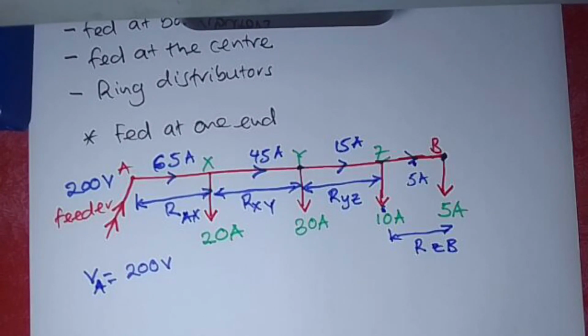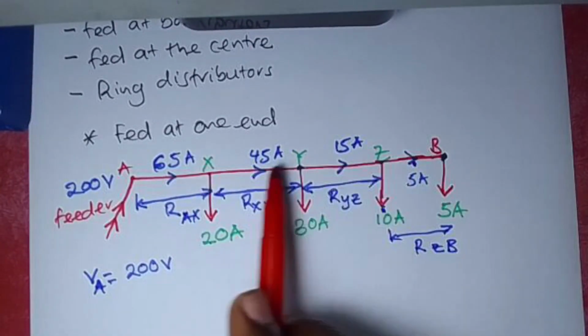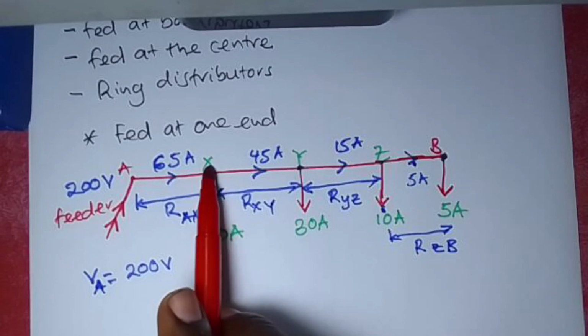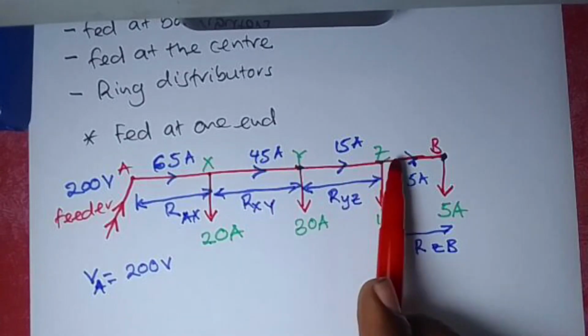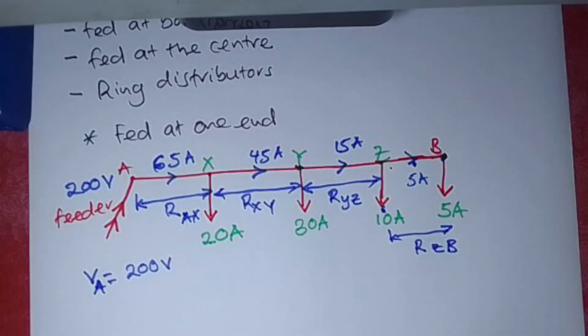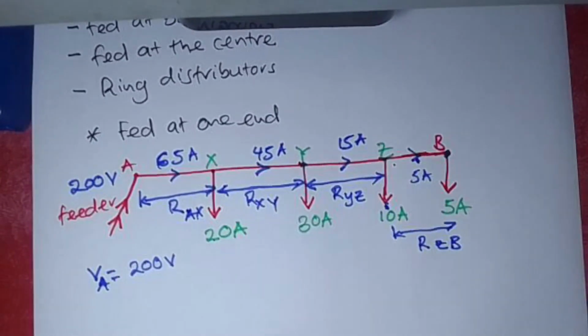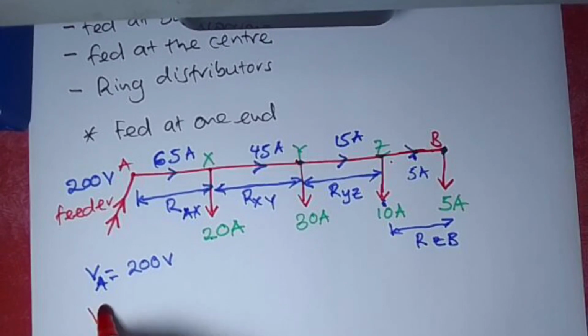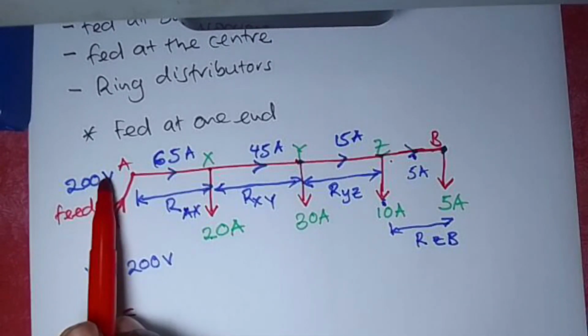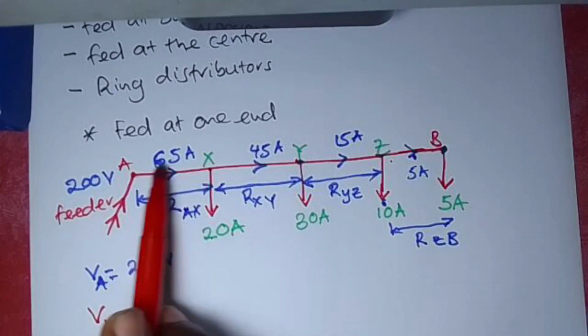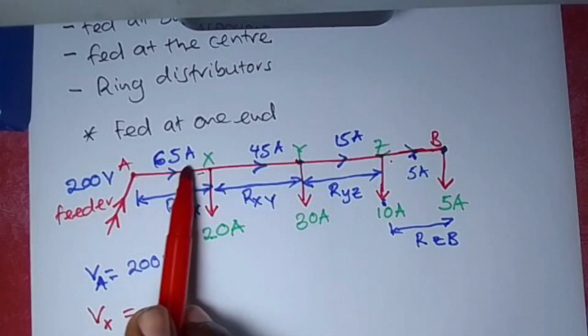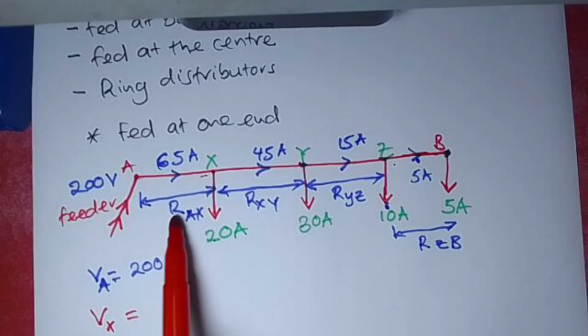So to get the voltage at each particular point, maybe to get the voltage at point X, point Y, and point Z, you simply start with the first. For example, the voltage at X is going to be equal to the voltage at A minus the drop appearing across this. The drop is always due to this resistance here.